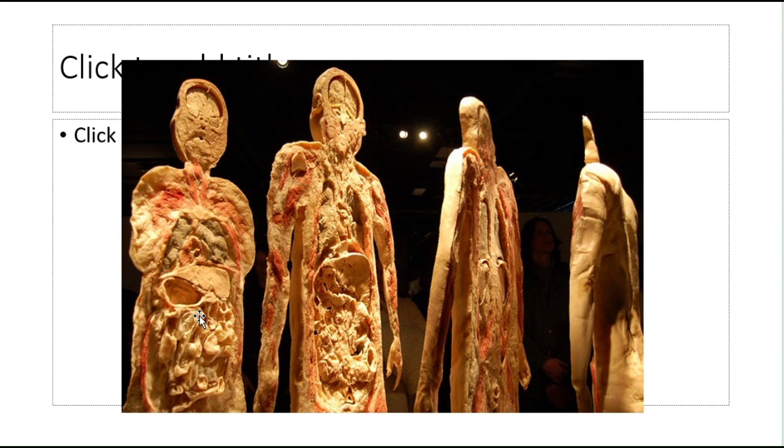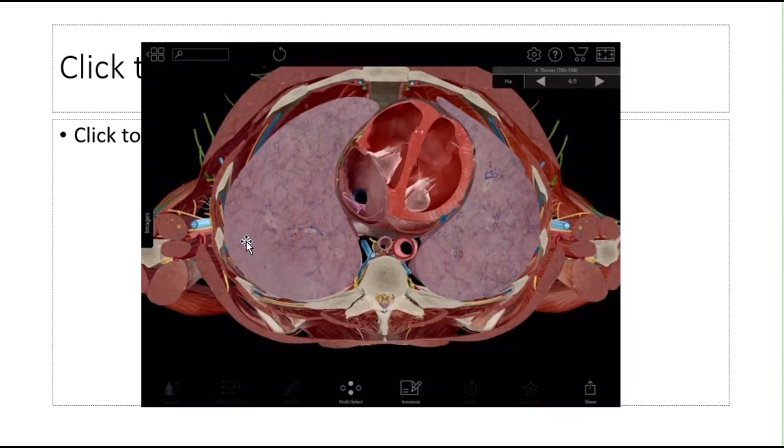For example, here the skin or back is posterior to the stomach or liver. And here is the transverse section. In the transverse section, some organs are superior or inferior to each other.